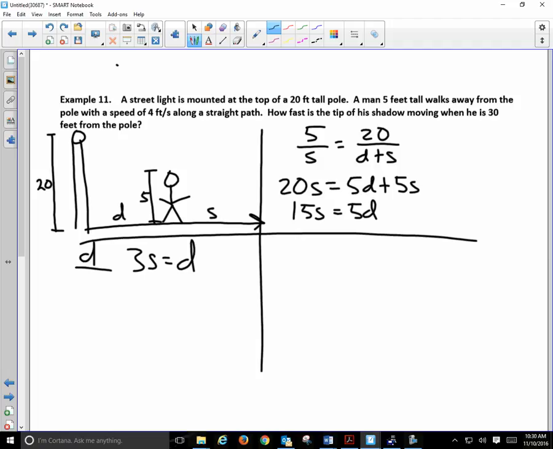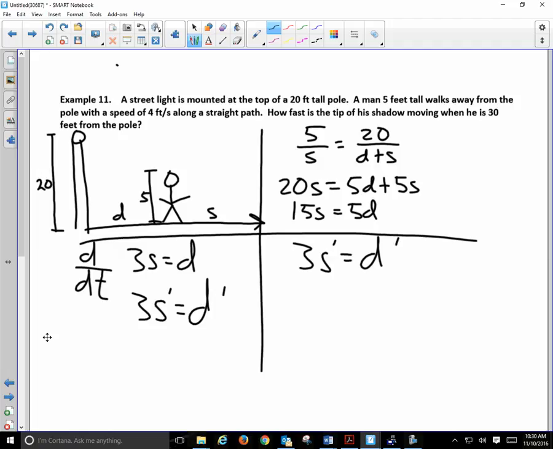That's a lot easier to take the derivative of, right? What is the derivative of 3S? Derivative of D? So 3S prime is equal to D prime. I need to know S prime.